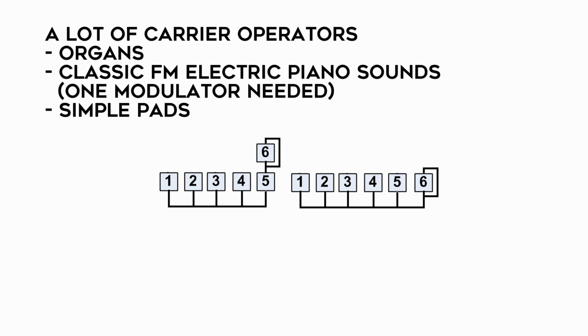A big base of carriers enables us to create less complex sounds that can then be detuned against each other. They're suited for ensemble-like or church or Hammond organ type of sounds.